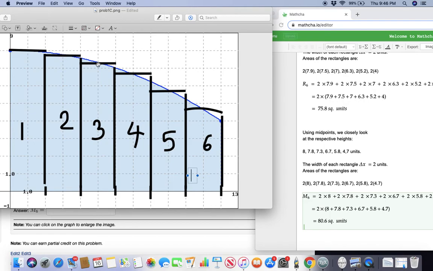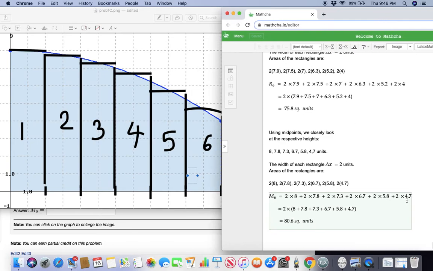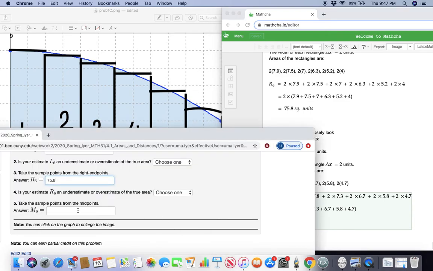The next one I'll say 7.3. The next one is 6 point something, 7. Then this one is 5 point something, let's say 5.8. And the last one is a little more than, so 4.7, right? So find the area of each rectangle, add them up, that's there. Okay. Now you have found the areas, that's 80.6, that's my estimation.